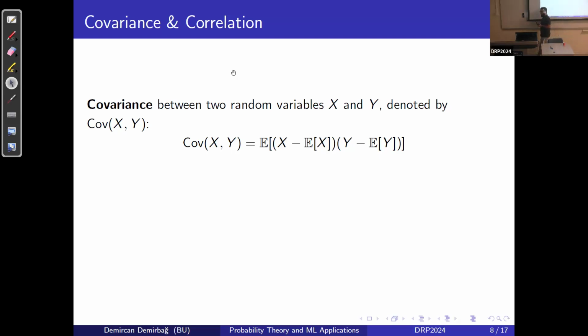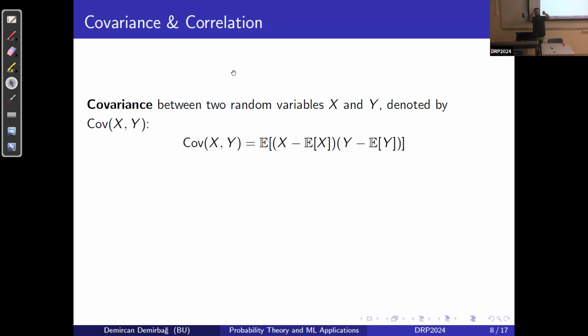The intuition behind covariance is that you sum those two things. If x exceeds its mean, this is a positive value. If y also exceeds its mean, this is a positive value. If they both exceed their means together, you sum positive.